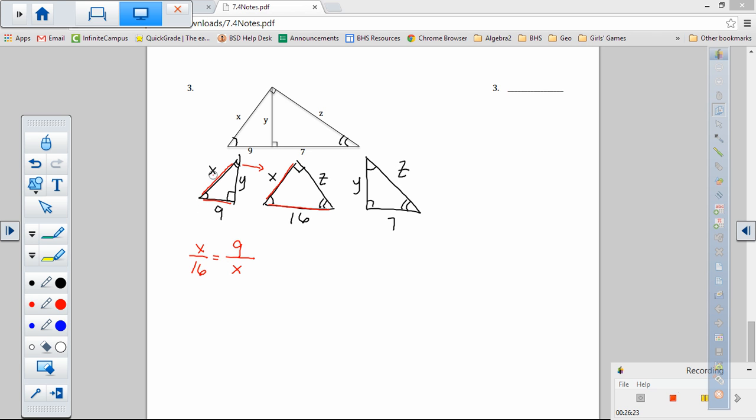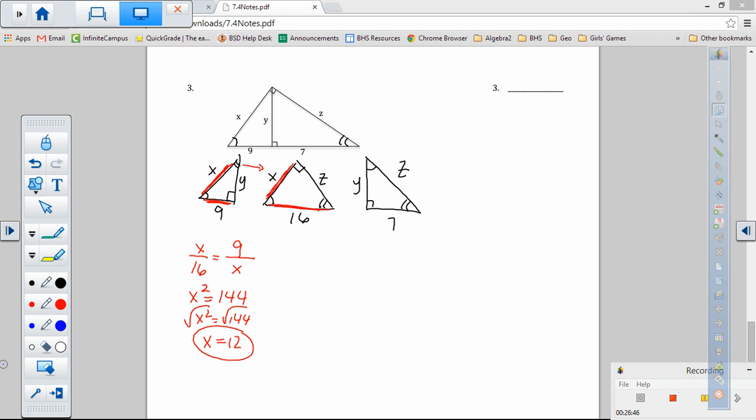So x is to 16 as 9 is to x. And then you cross multiply. X squared equals 144. Square root both sides. And x is 12. Okay, first one's done.